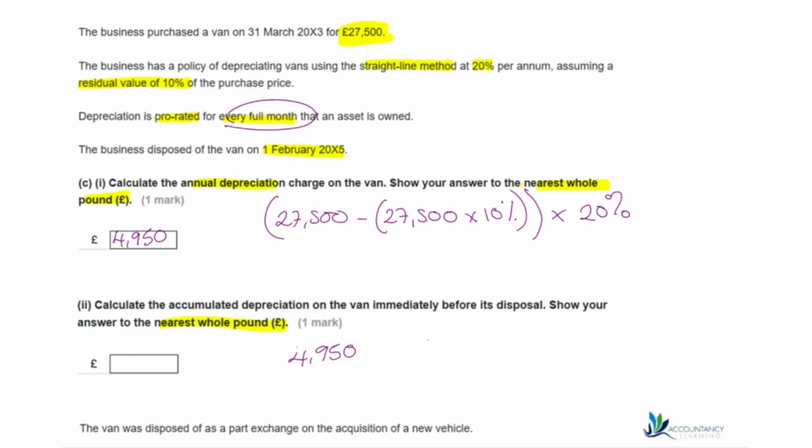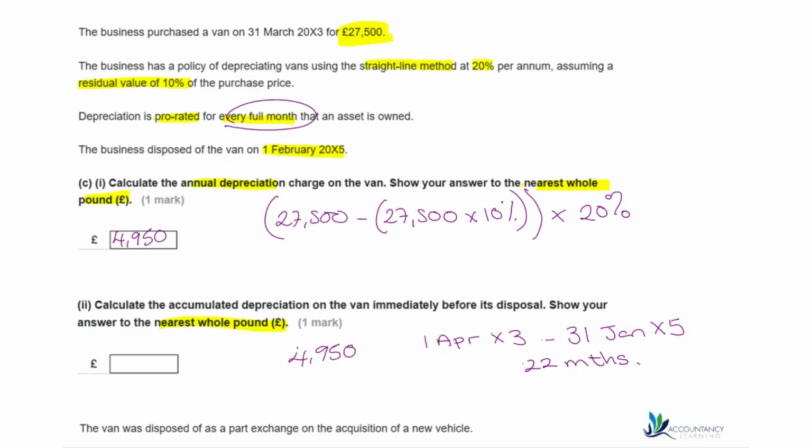So it's bought on the 31st of March. So it's from the 1st of April, X3. It was sold on the 1st of February, X5. So the full month is to the 31st of January, which is 22 months that it's been owned for.